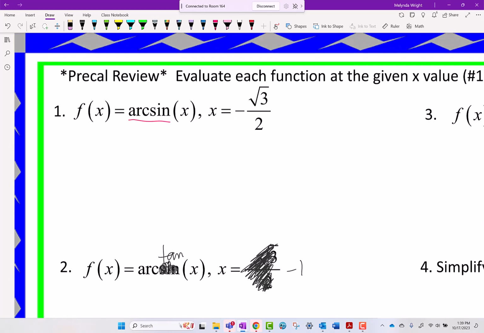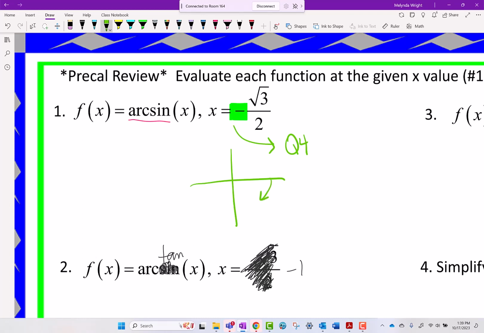So because of this, we are in quadrant 4. I'm just going to make a note. You should make a note because this is where the mistakes happen. This is going to be in quadrant 4, and we have to rotate backwards to get to it. Quadrant 4 angle measures. Okay, we've got to rotate backwards.